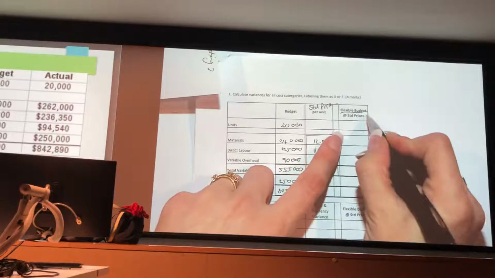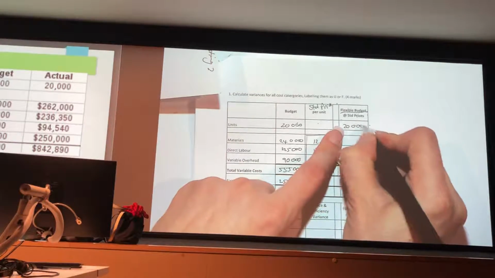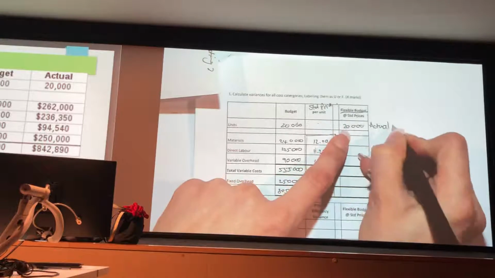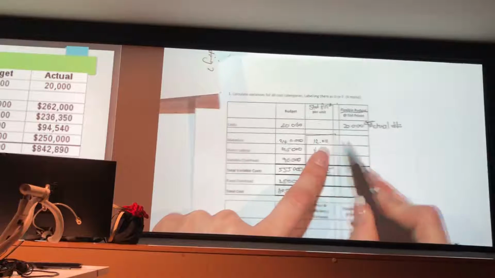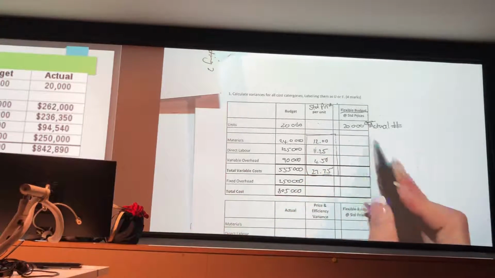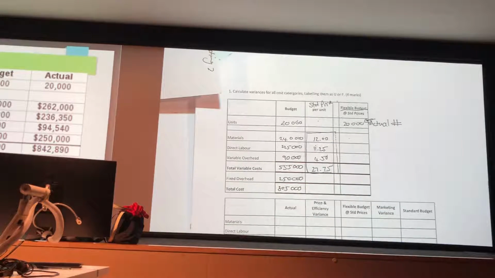So flexible budgets at standard prices. It's our actual units that we're using here, and we're timesing it by our standard pricing to get these dollar values. In our case, again, 20,000, 20,000, it would be the same.